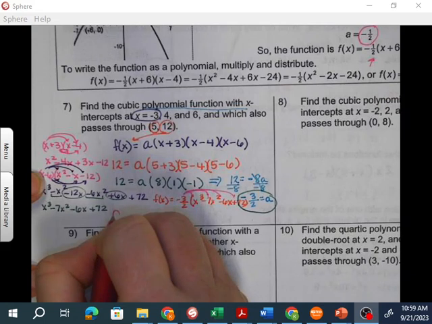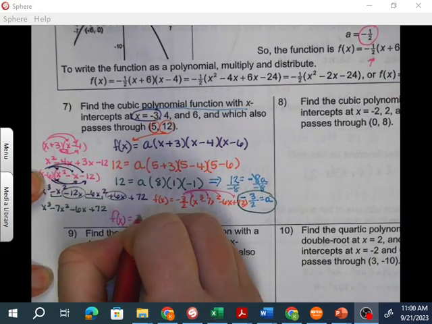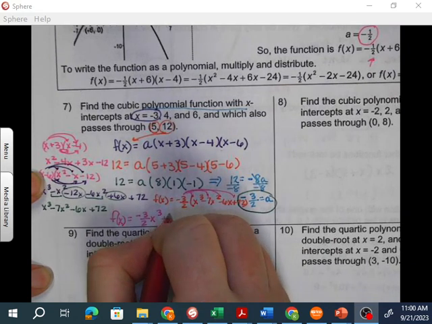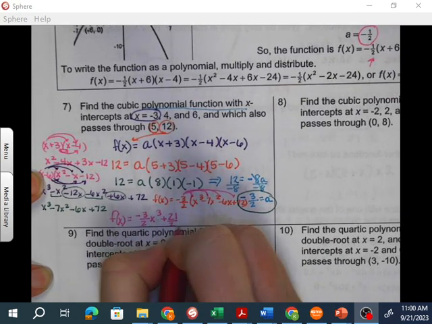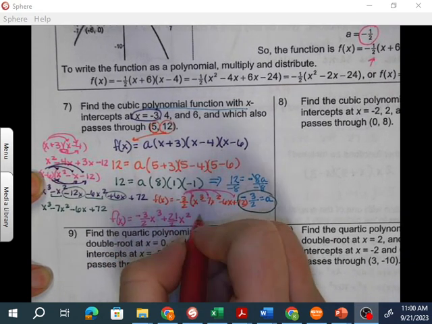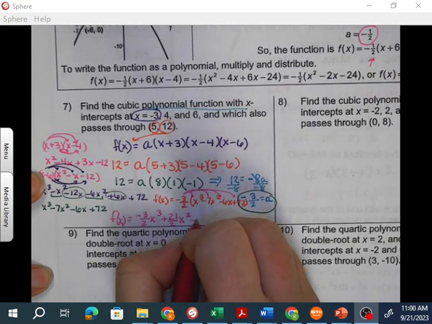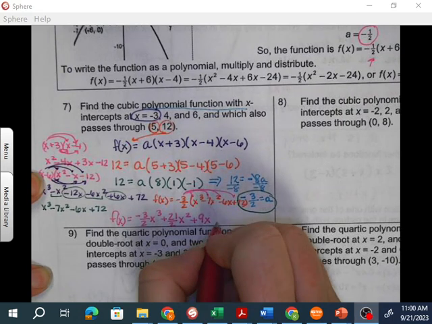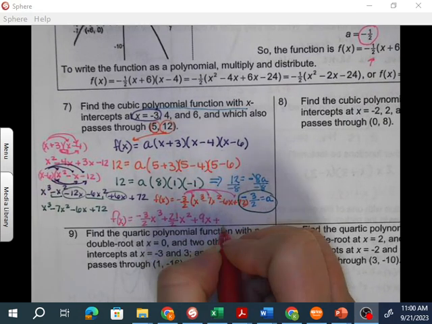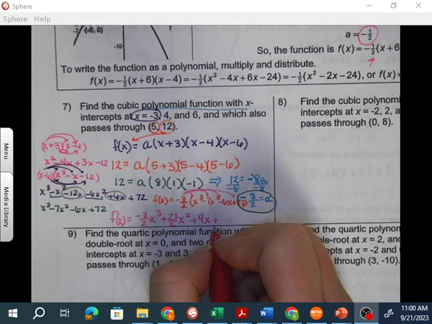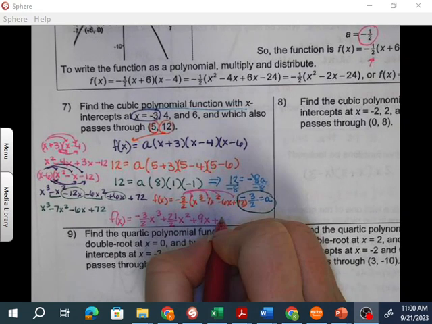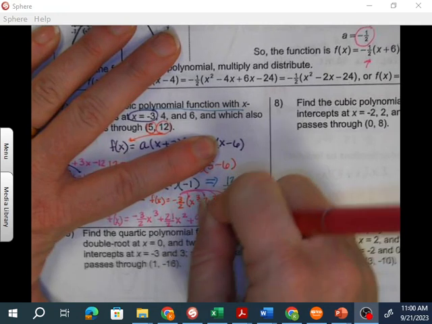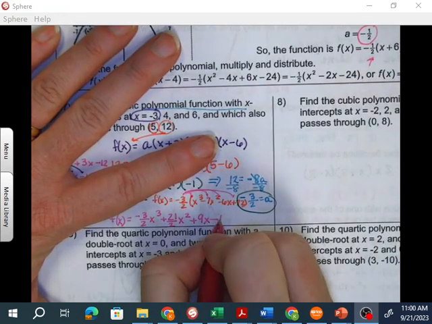So you end up with -3/2 x cubed plus 21/2 x squared plus 9x plus, 2 goes into 72, 36. Minus, sorry, be negative 108.